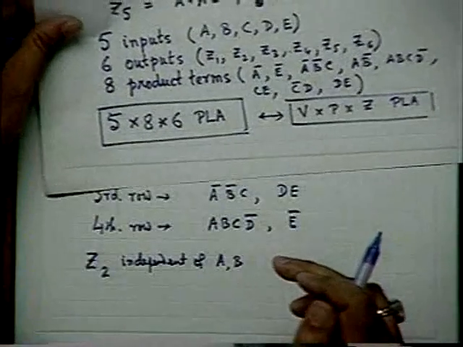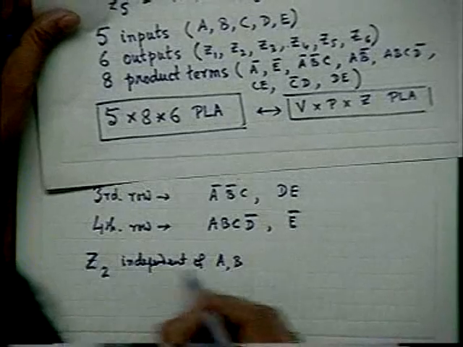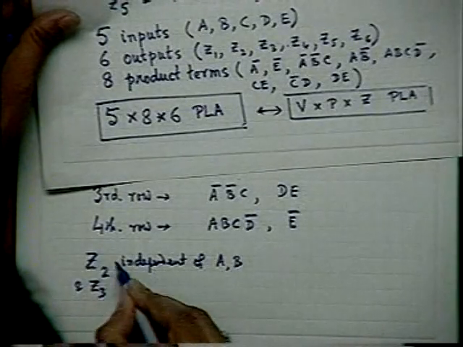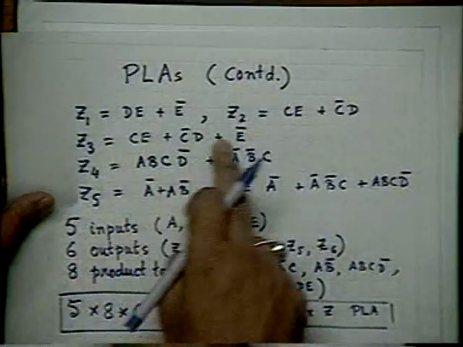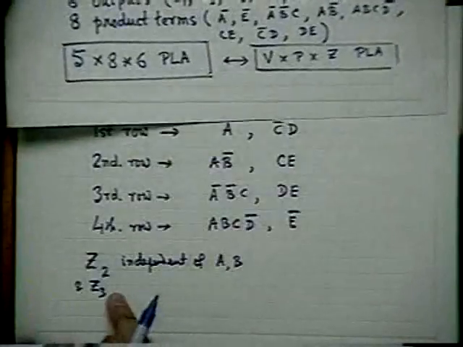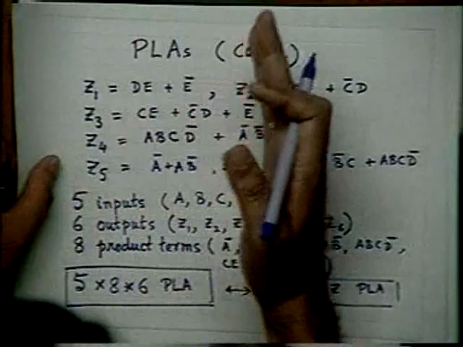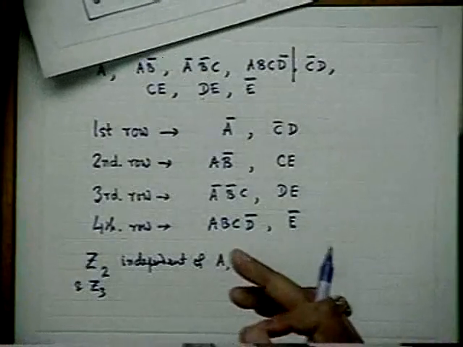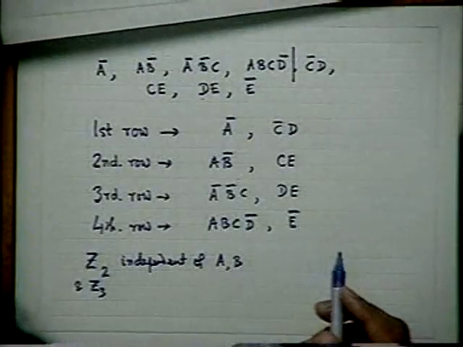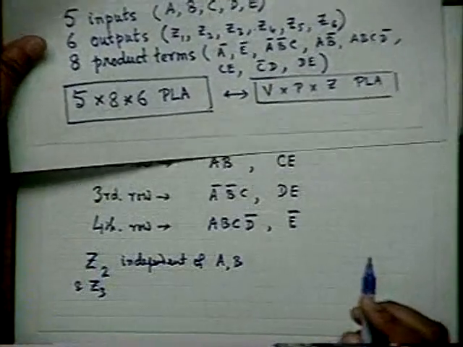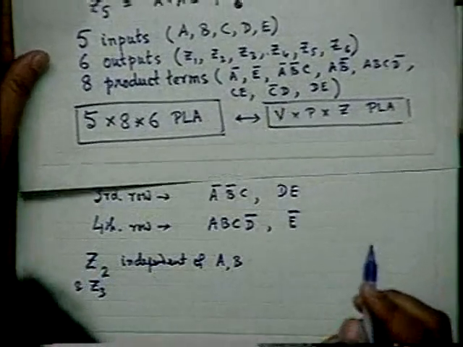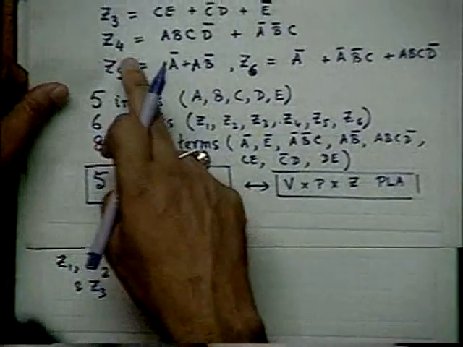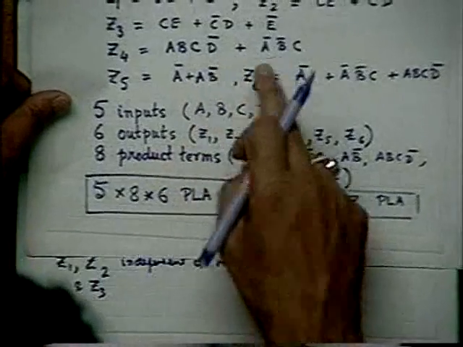Z3 is also independent of AB. Z2, Z3, I can put in the right hand plane. Similarly, Z1 is also the same thing.